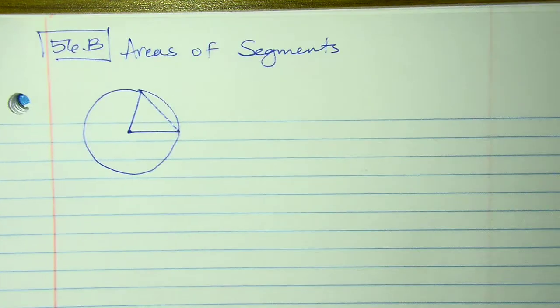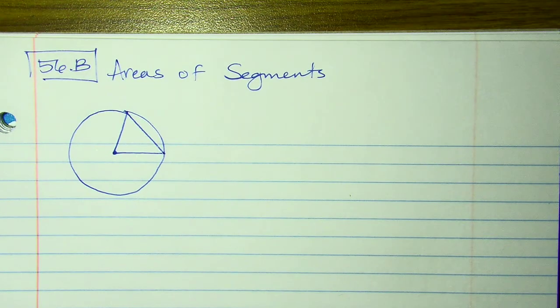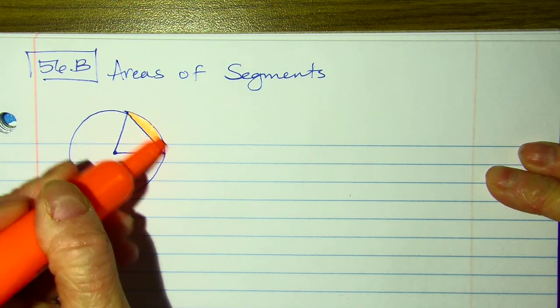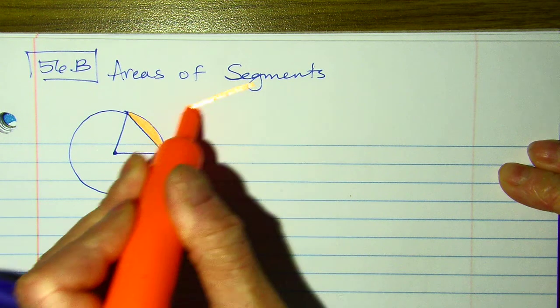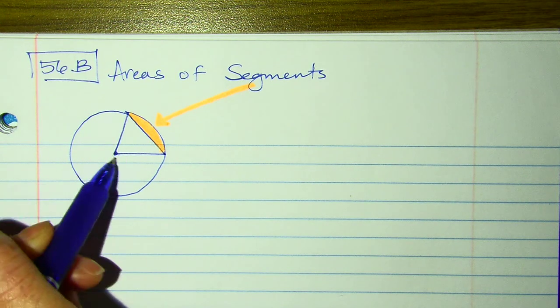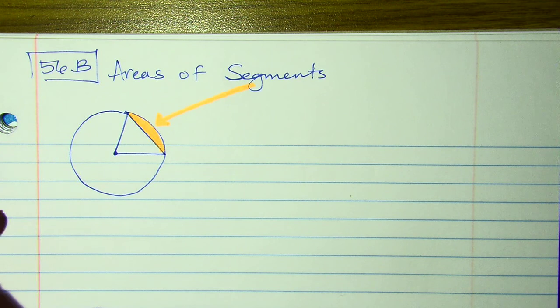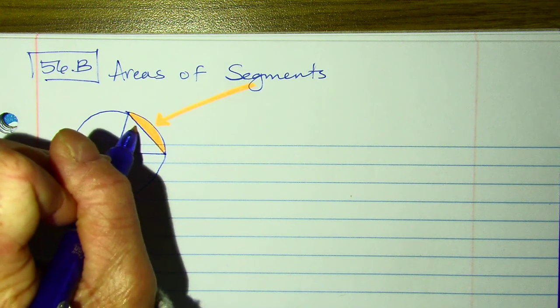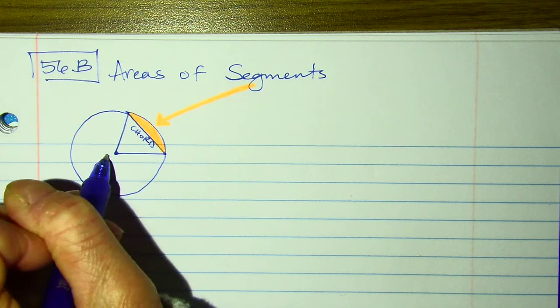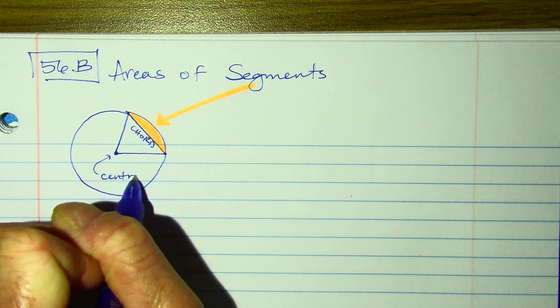Okay, now area of this segment is referring to this part right here. And so it is the segment that is bound by this here, an arc, and right here, this would be a chord. This right here is my central angle.